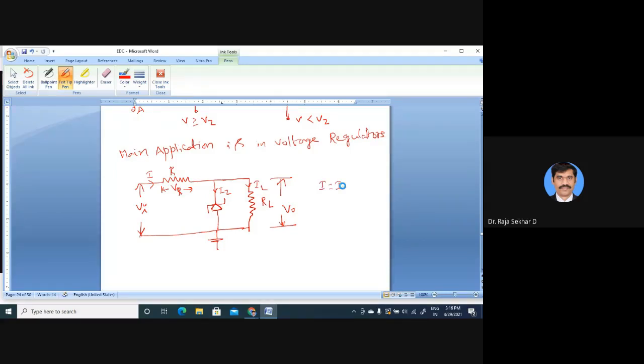I is equal to IZ plus IL. V0 is equal to IL into RL. This is VZ.